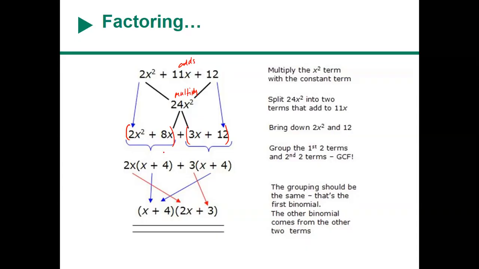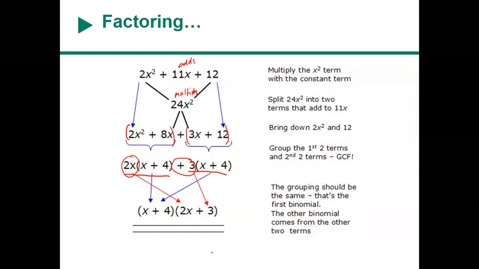The greatest common factor between these two is 2x, and I'm left with x plus 4. The greatest common factor between these two is 3, and I'm left with x plus 4. Now you're going to find the GCF of this term and this term, and their GCF is x plus 4, and then you're left with 2x plus 3.